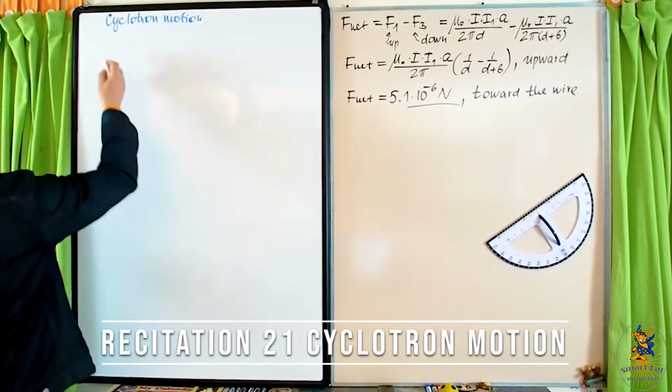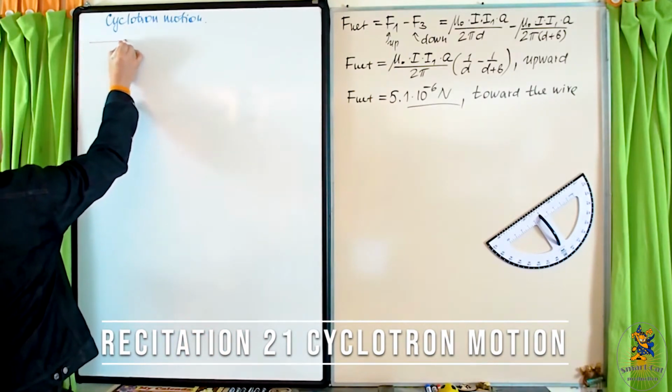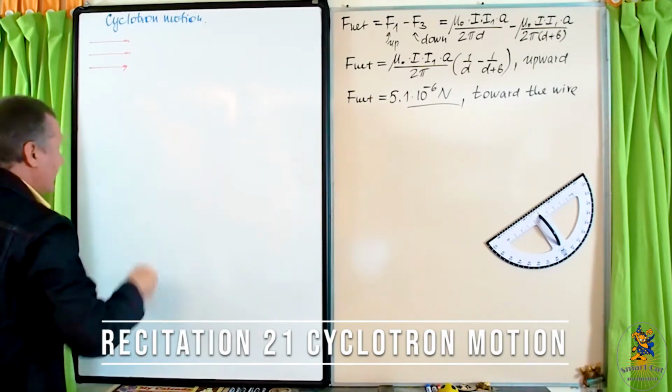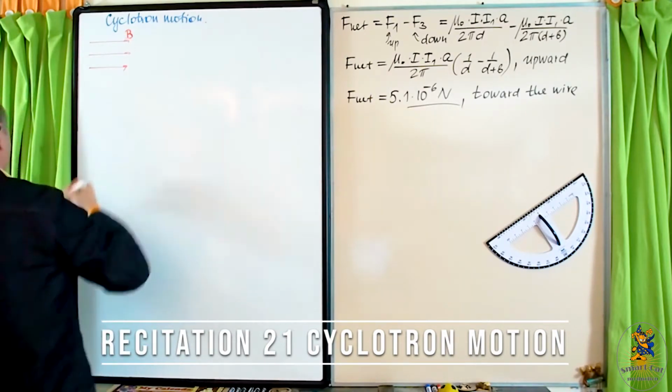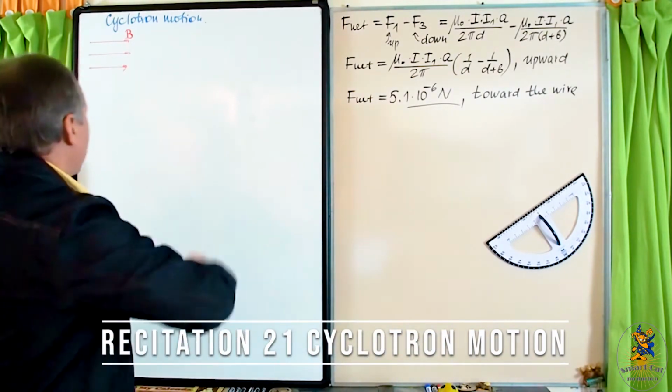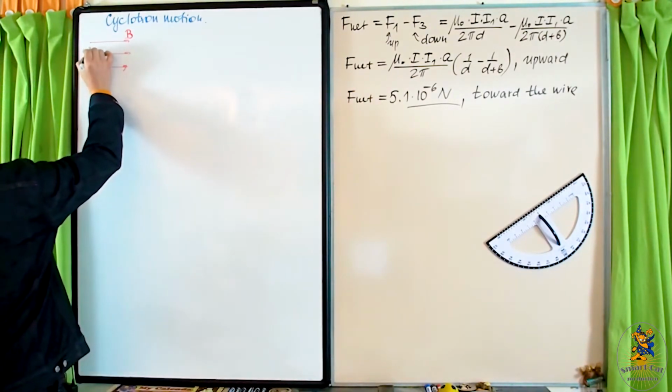What if you have, for example, a magnetic field pointing this way? So B. Right. And what if I take, for example, an electron or proton and send it along the magnetic field line?